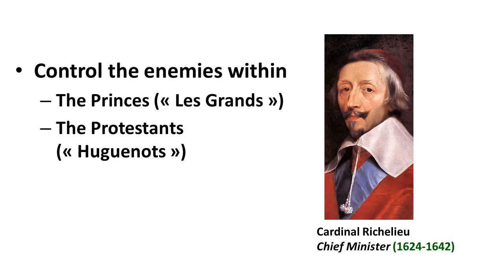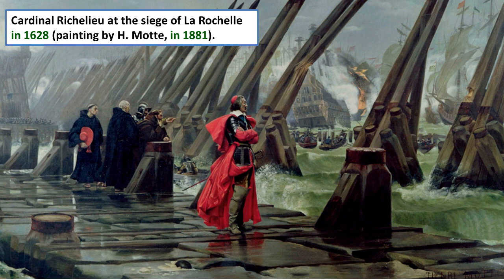And one of the most famous and spectacular events of this struggle against the Protestants' power in France was a military battle, actually. For 2 years, La Rochelle, which was the last remaining place forte controlled by the Protestants in the country, was besieged by the armies of the king under the leadership, at least political leadership, of Richelieu.